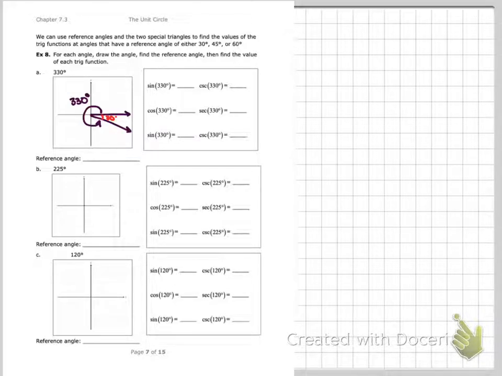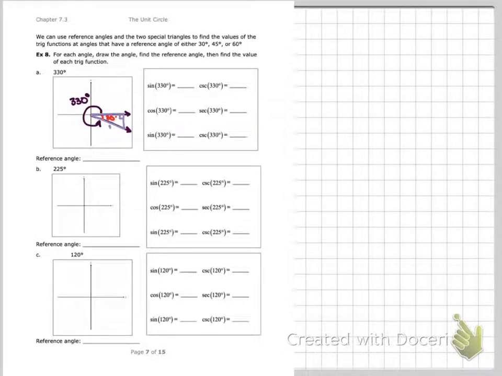And so here's how we're going to do this. We are going to draw in a right triangle. We've got that 30-degree angle in the corner. We know that all these triangles have the same ratio, so we're going to make this hypotenuse piece 1.